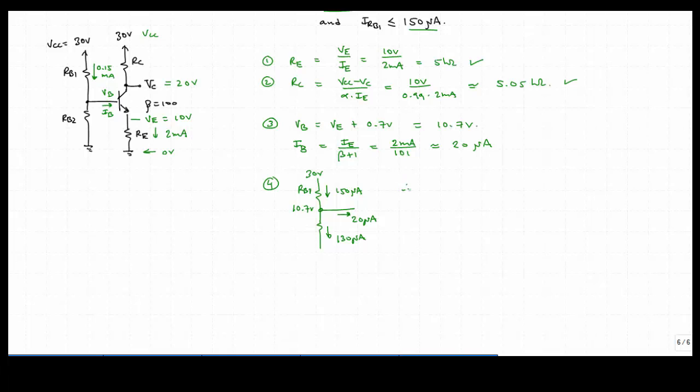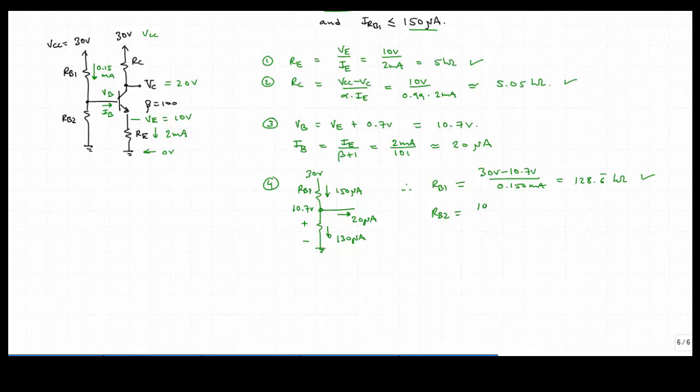So we can write that RB1 must therefore equal 30 volts minus 10.7 volts divided by 150 microamps. And this evaluates to 128.666 kiloohms.